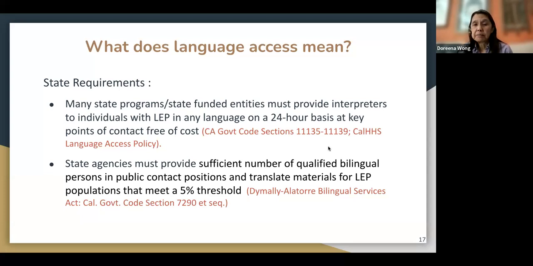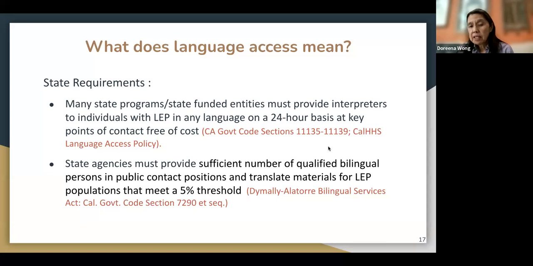Now, there's another statute that requires a sufficient number of qualified bilingual persons in public contact positions, and that materials be translated for LEP populations that meet a 5% threshold. That 5% threshold has been interpreted to be applied statewide.